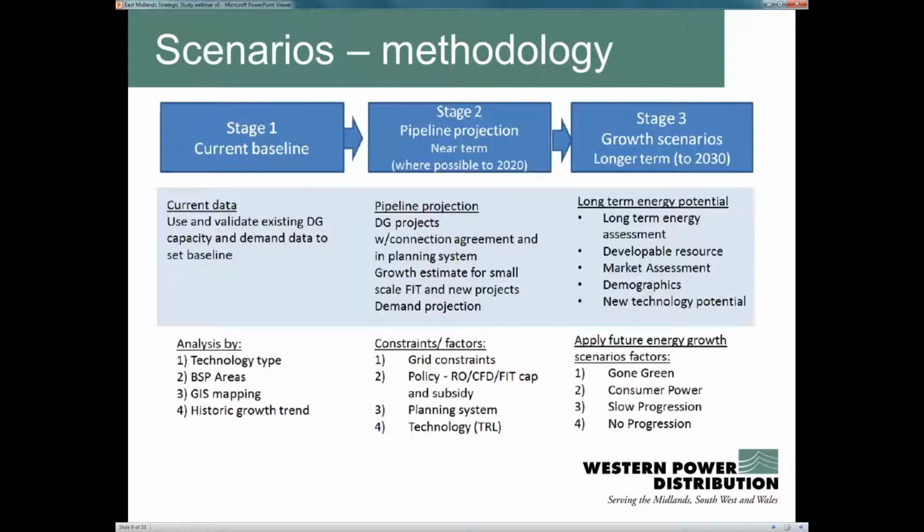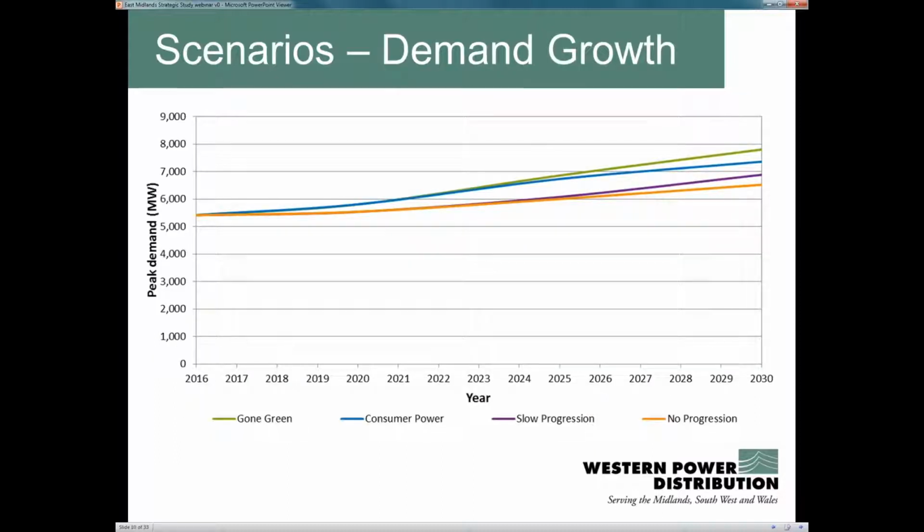That takes us to a 2020 position. Going forwards to a 2025, 2030 scenario, we go out to a much wider market intelligence model, looking at how we can bring in information from stakeholders and other market material, and apply the future scenarios we talked about earlier against what we think the predicted pipeline for growth in the East Midlands is going to be. That takes us out to the 2030 position.